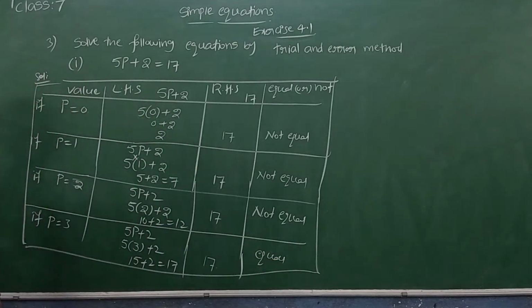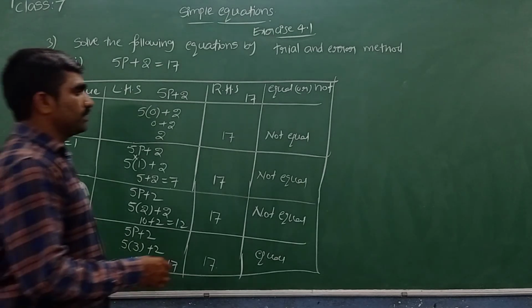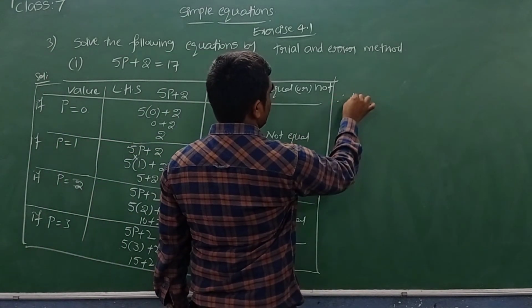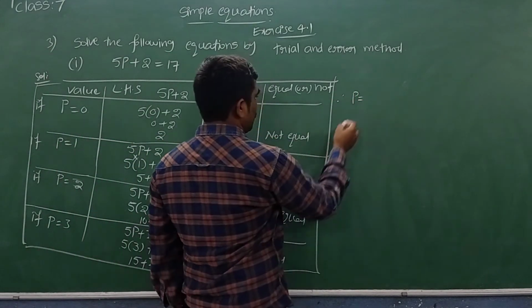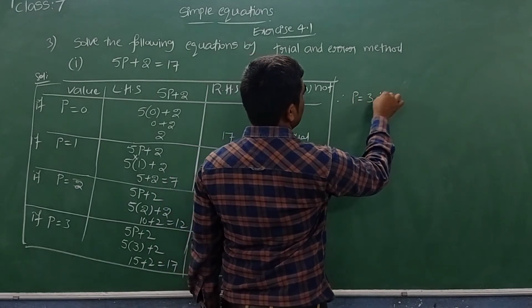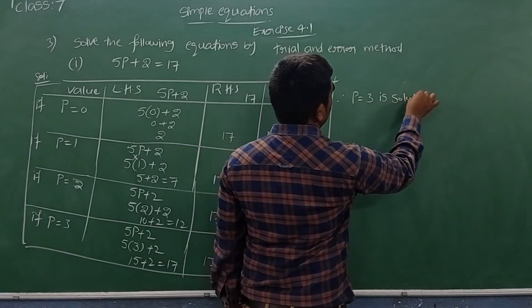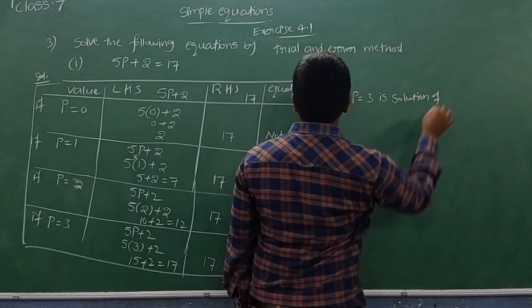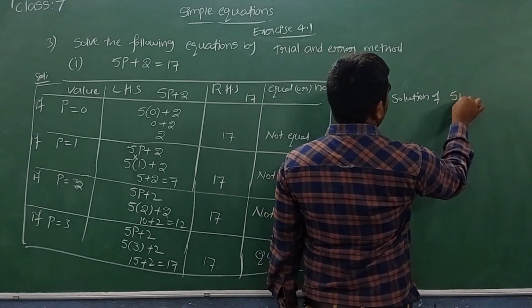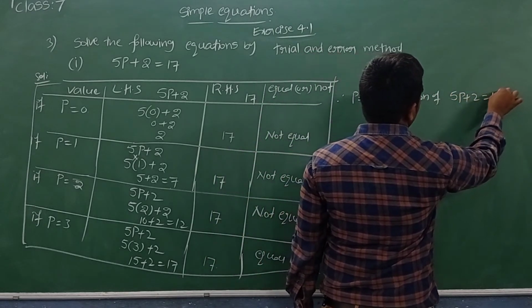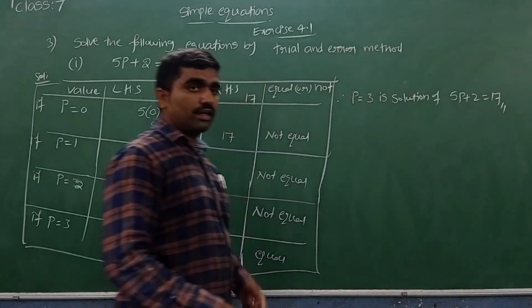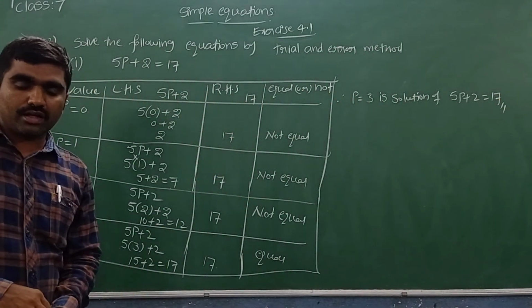That is the way we can solve using the trial and error method. So therefore we can say p is equal to 3 is the solution of 5p plus 2 is equal to 17. That is the way you can solve by using the trial and error method.